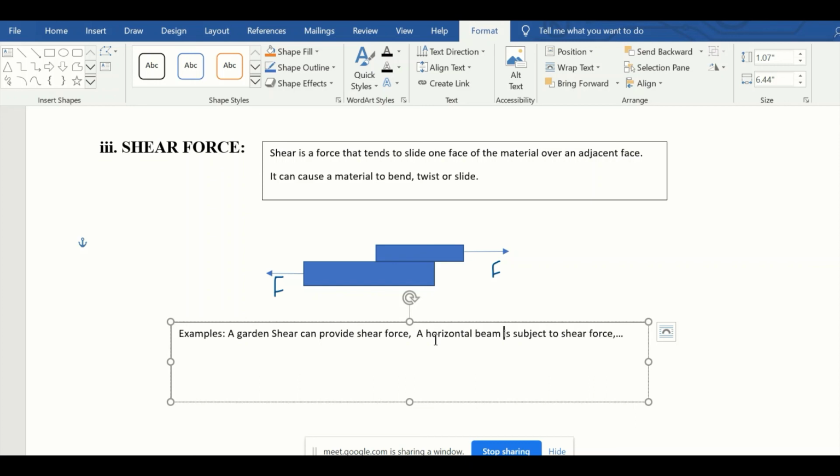It's like the roof is resting on the horizontal beam, while the pillars in your homes are carrying that slab. Now we are saying that that horizontal beam is subject to a shear force. So here are some examples of a shear force.